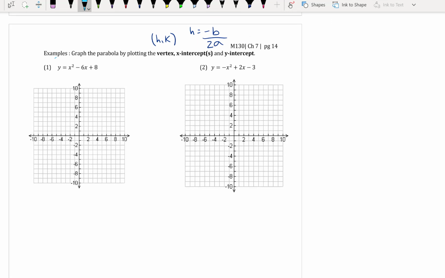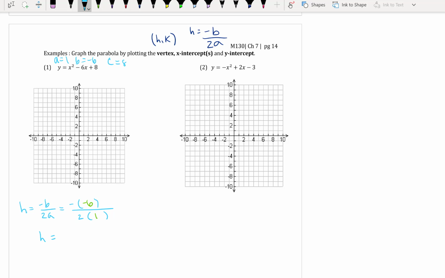So here I have that my a is equal to 1, b is a negative 6, and c is equal to a positive 8. So if I'm trying to find my vertex, that h value, negative b over 2 times a, I have a negative, and that b value that I'm plugging in is a negative 6, and the a value that I'm plugging in is a positive 1.